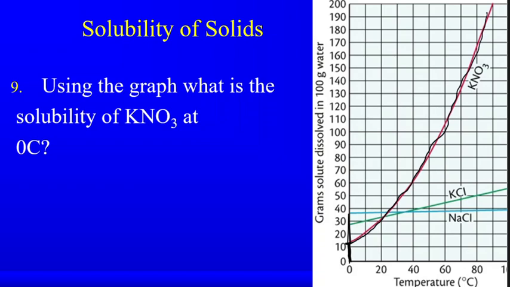Any questions? On 0. What about 50? So you go 40, 60, so 50. Go up, go up, go up, go around, go to the left. And if I had a straight edge, I would probably get it closer. It looks like it's around 85, doesn't it?